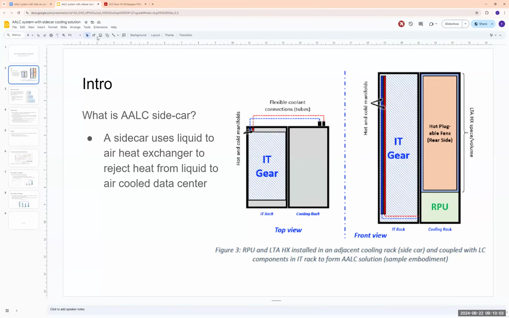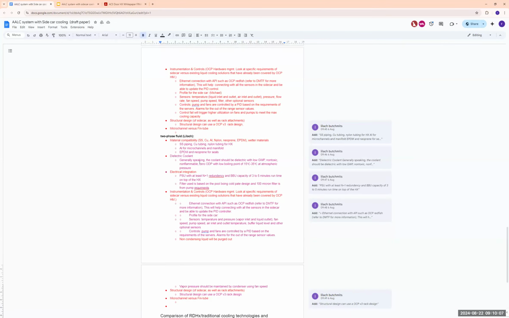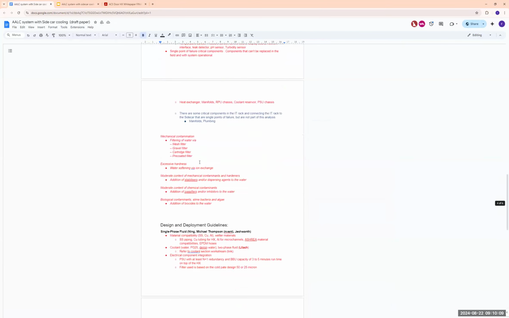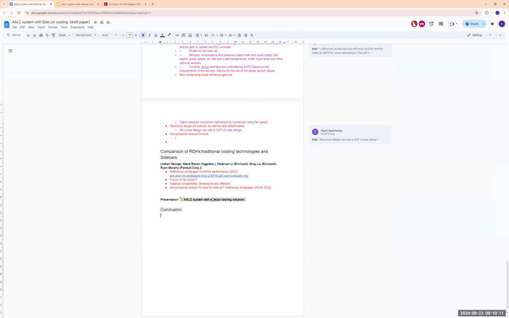Because I cannot find it. At the end of the document I already shared. At the end? Yeah. You can see my screen? Yeah.